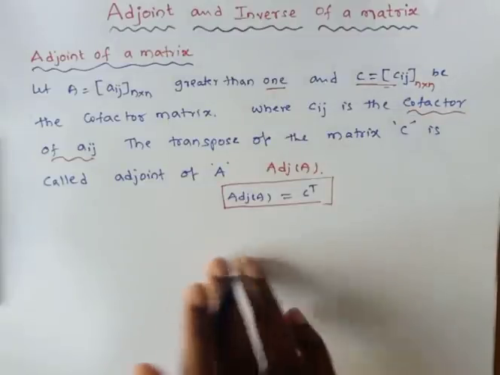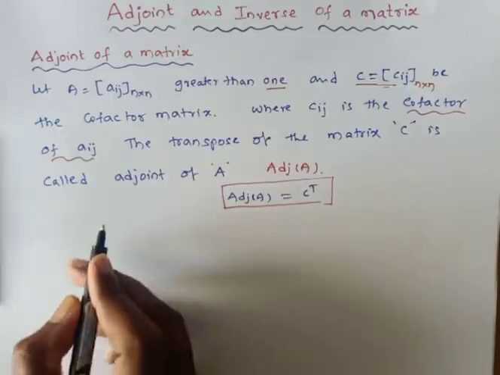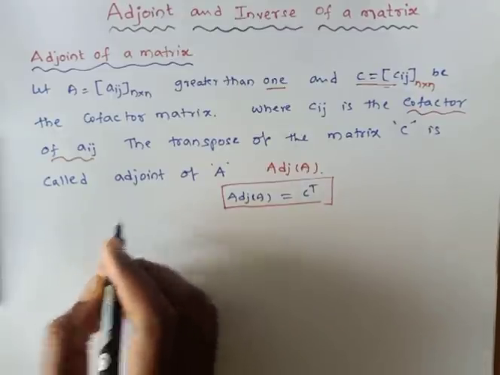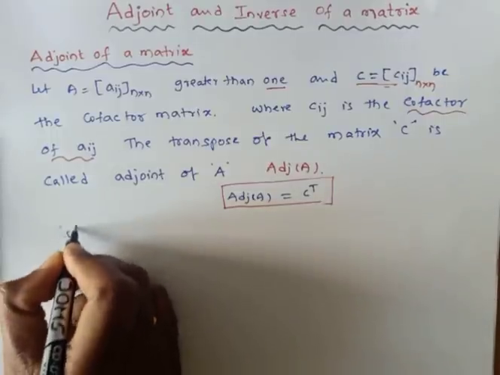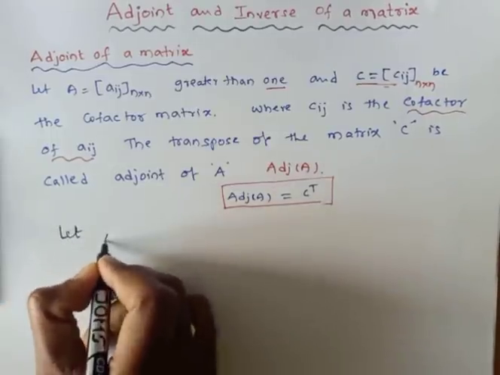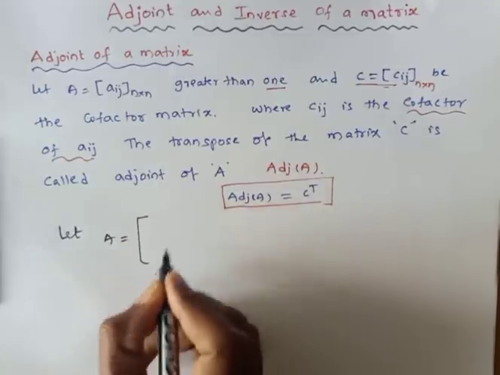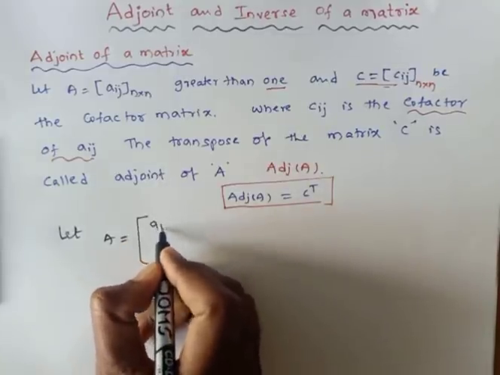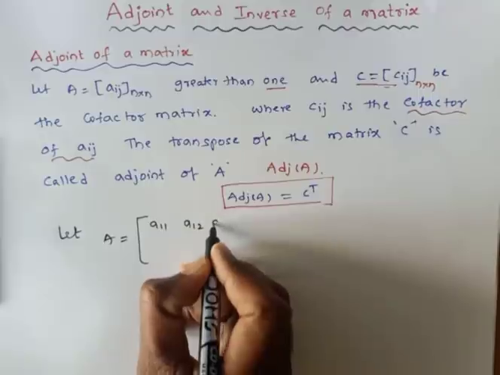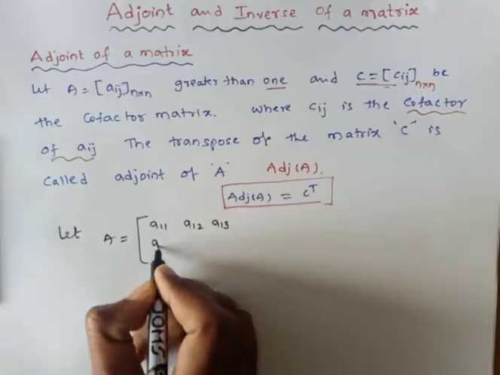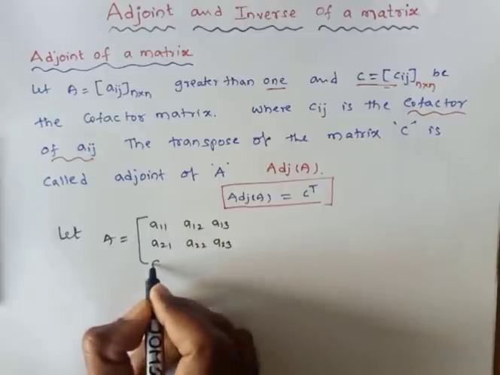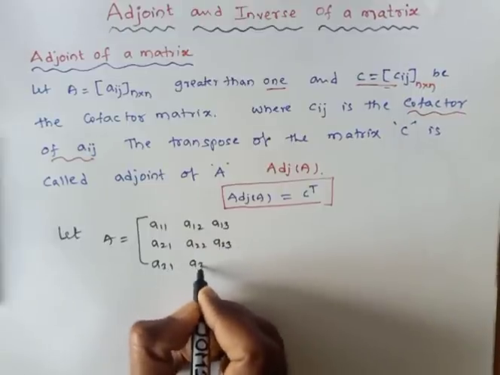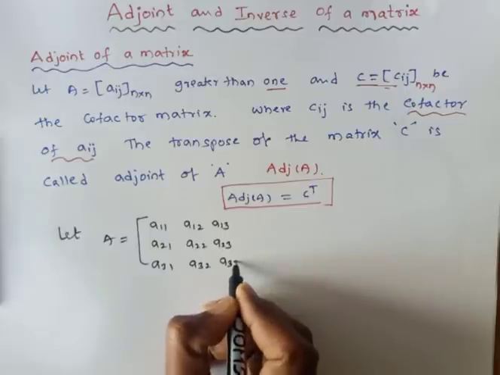Let us check with a 3 by 3 matrix. Let A be a 3 by 3 matrix consisting of elements A11, A12, A13, A21, A22, A23 and A31, A32, A33.